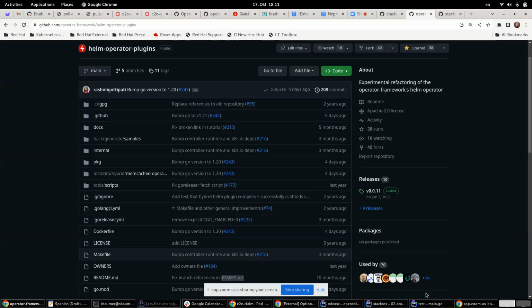In terms of the charts themselves, do they need to be restructured or redesigned to accommodate the tool, or can any Helm chart you've come across be handled by the plugin?